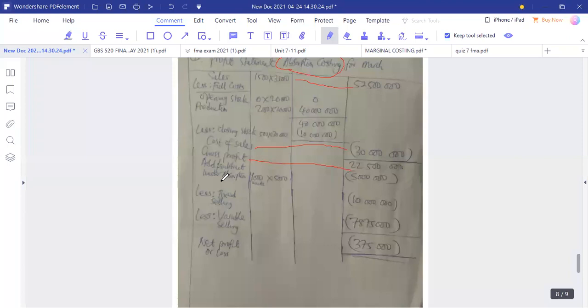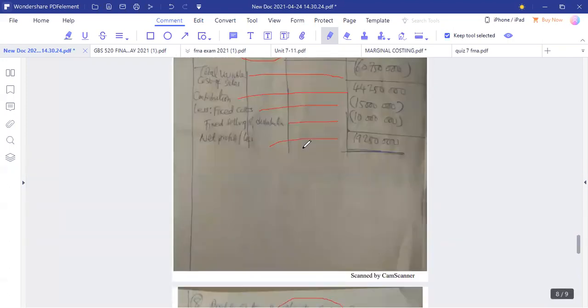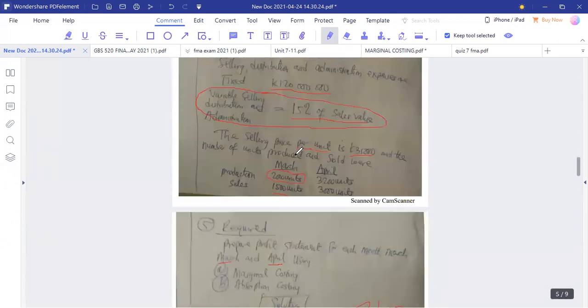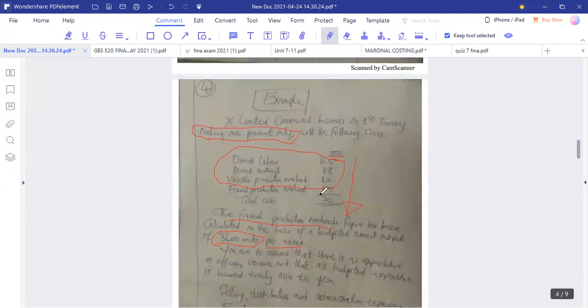So we have under absorption of 1,000 units. Those units that were under absorbed, we will have to multiply by the fixed production overhead of 5,000 kwacha, because from here the fixed production overhead is 5,000 kwacha per unit.